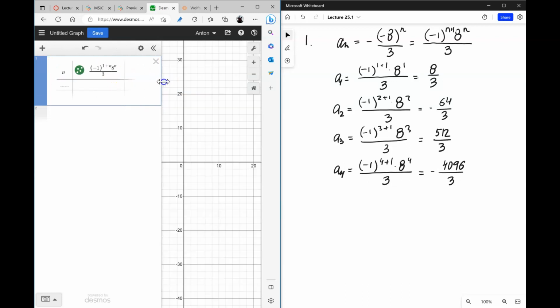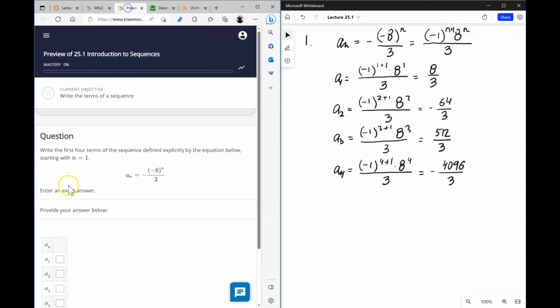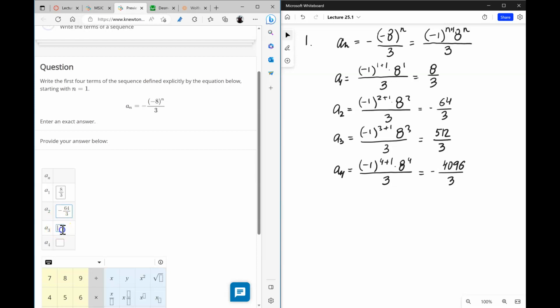And when n equals 1, we get 8/3, 2, 3, 4, and so on. Now, for some reason it doesn't type it as a fraction, so I guess our way is better for the sake of answering this question. But in terms of functionality, sometimes we don't have time to do all these computations, then we can delegate this task to technology one way or another.